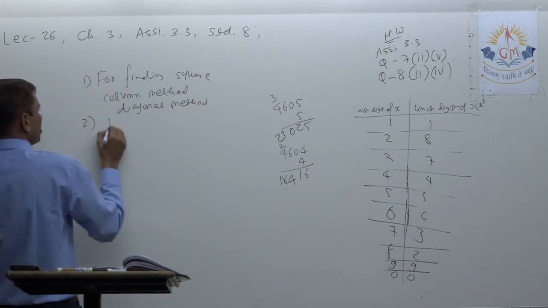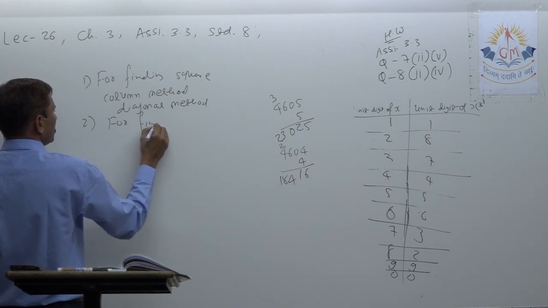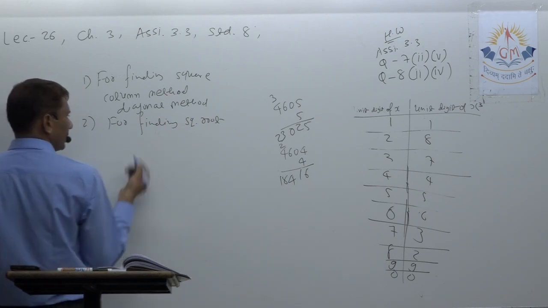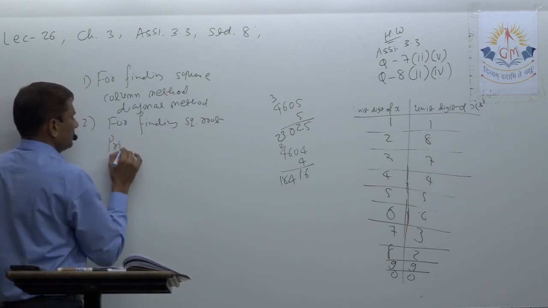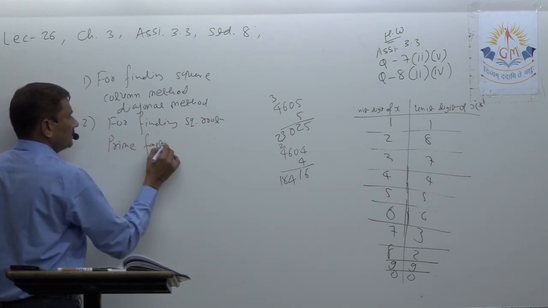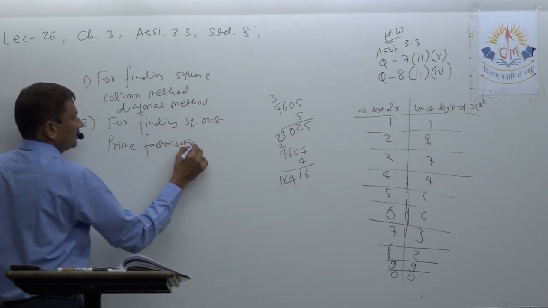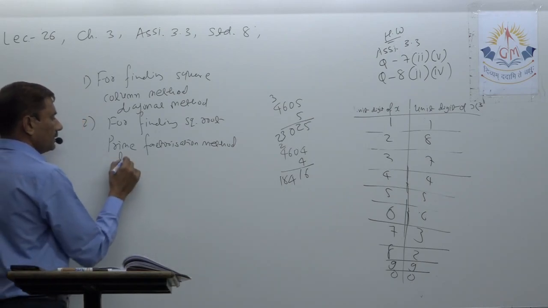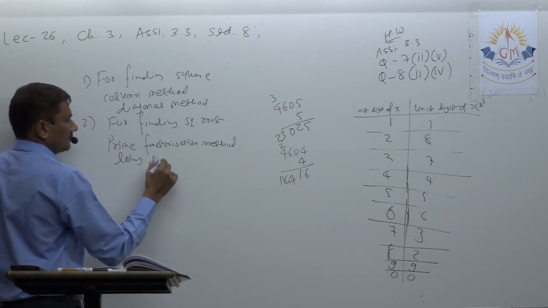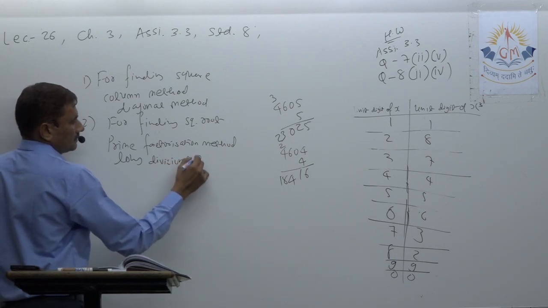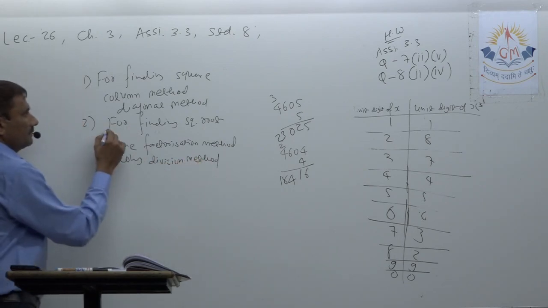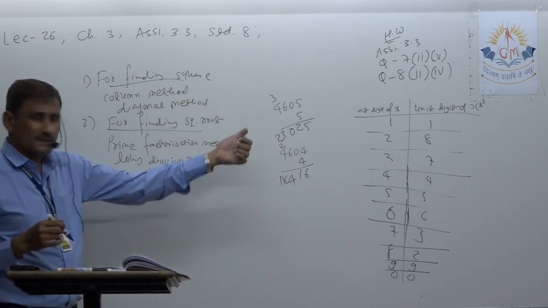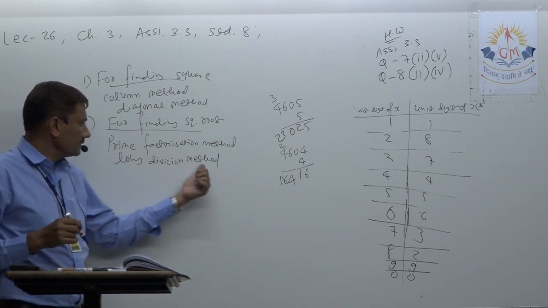And for finding square root, there will be the prime factorization method and the long division method. So understand well, they are both different. For the last two lectures we have been practicing the long division method only.